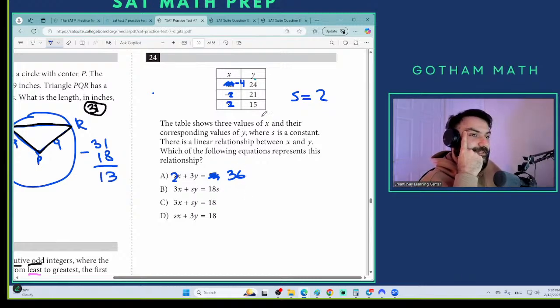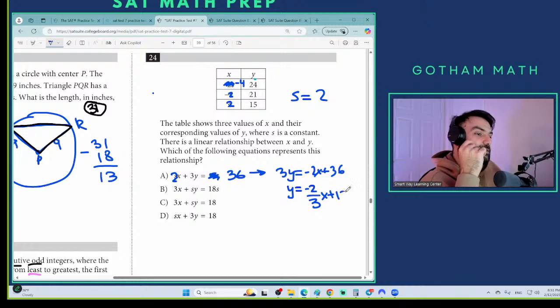Now, let's see what will be the equation of this table. How do we do that? We actually have to find the slope, and okay, so let's see. We're gonna move the 2x to the other side in this one. It's going to be 3y equals negative 2x plus 36. I divide everything by 3. I get y equals negative 2 over 3 x plus 12.